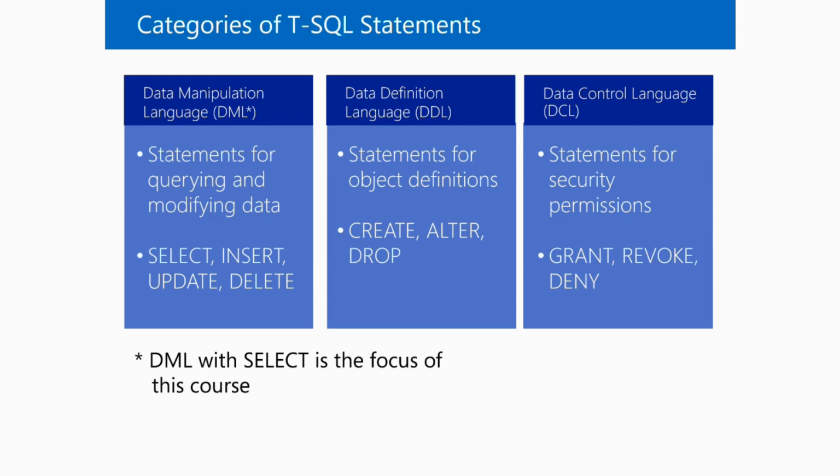Then when we are talking about DDL, that is data definition language, the main purpose of DDL here is to define the structure where our data is stored. So the basic purpose here is to create tables, create other database objects such as views, stored procedures, functions, etc. So the purpose of the DDL statement here is we define the structures of the data that we want to store in the tables.